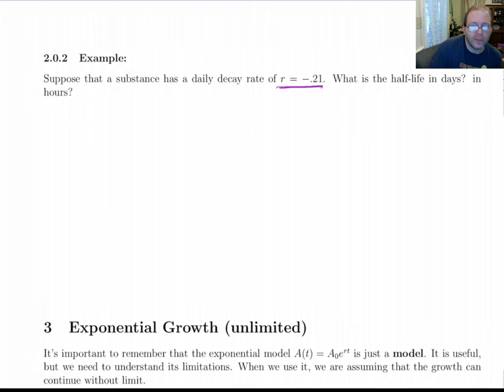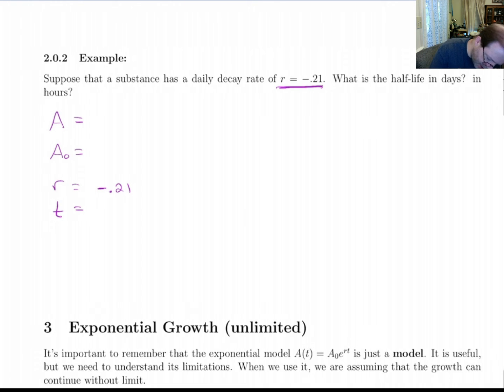Okay, so to find the half-life, what I was trying to say a second ago was, there is a formula you can memorize that relates these two things, but I would say don't memorize it. Because as long as you plug into our equation, you can solve these types of things. So the decay rate is negative 0.21, and it's asking what's the half-life.